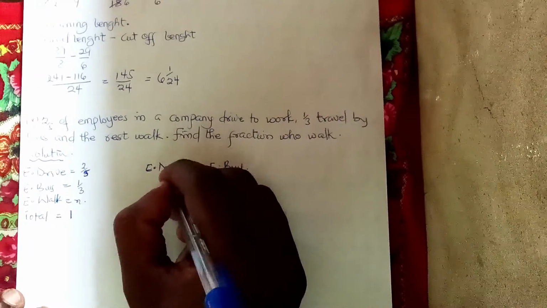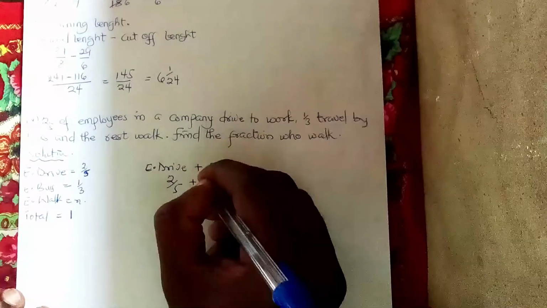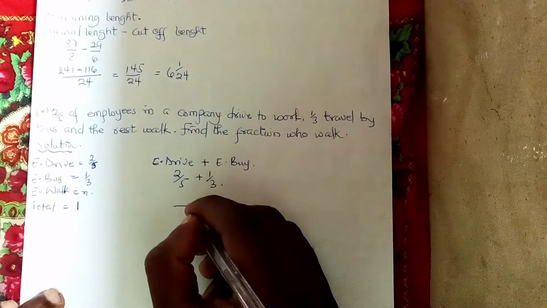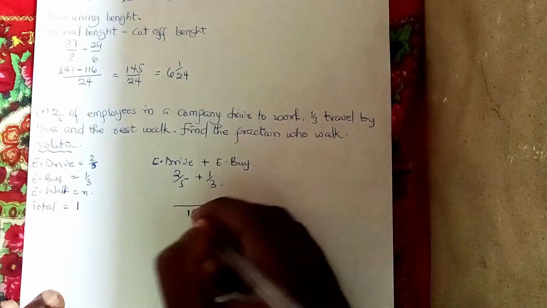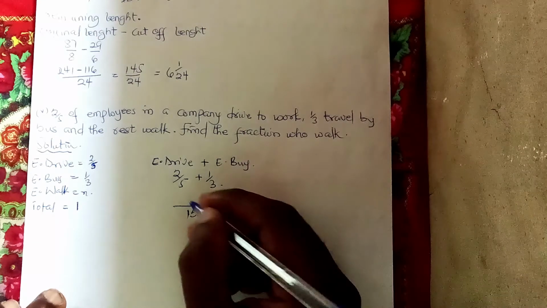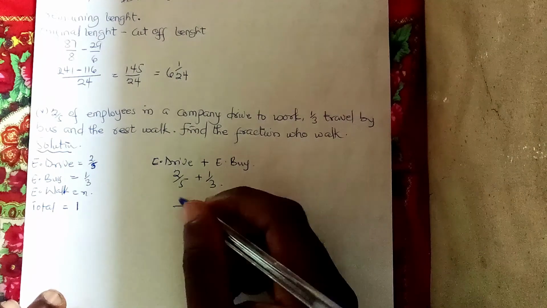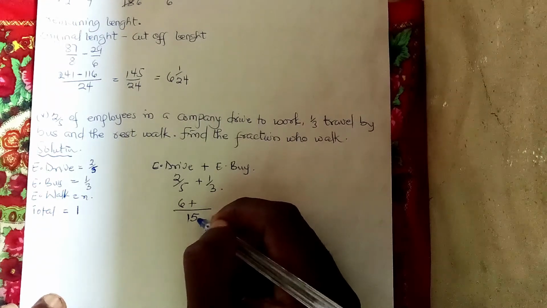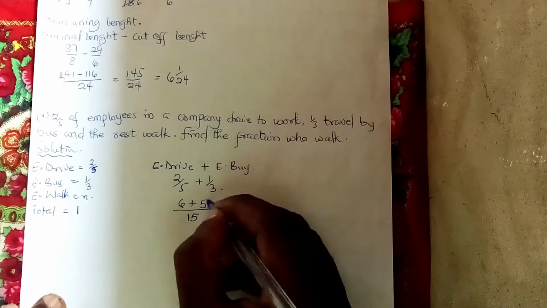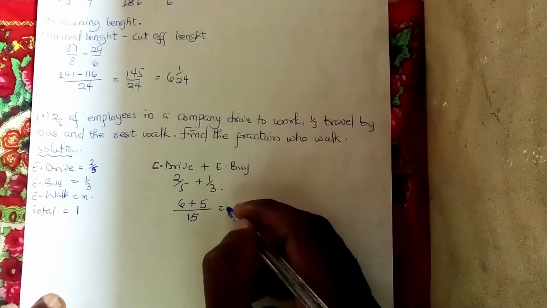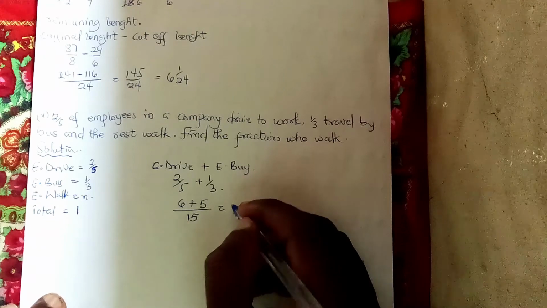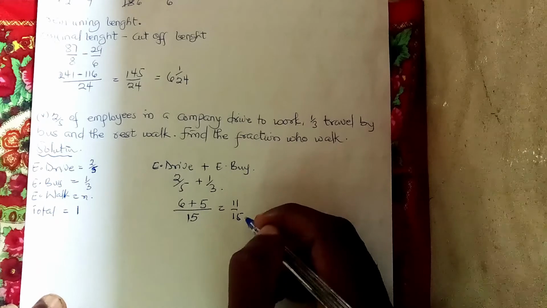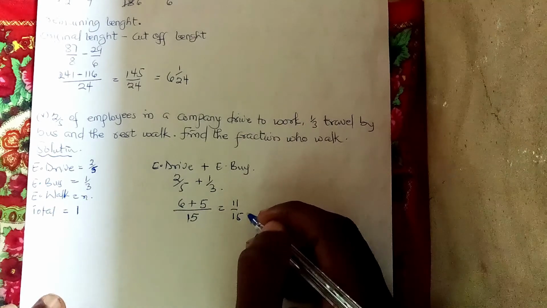We have 2 on 5 plus 1 on 3. We have 15 as the least common multiple. 5 divides 15 by 3, 3 times 2 is 6, and 3 divides 15 by 5, 5 times 1 is 5. So we have 6 plus 5, to give us 11 over 15. Now we know the fraction of people that use bus and drive.